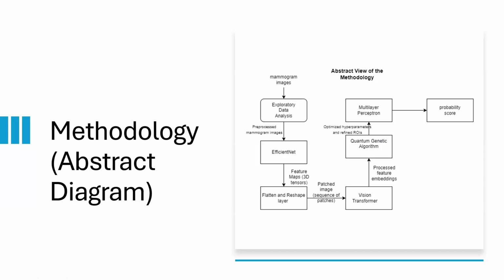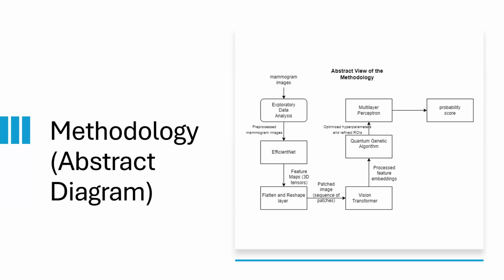The vision transformer processes all this and produces processed feature embeddings, which go through the quantum genetic algorithm so that they are further optimized. The quantum genetic algorithm randomly generates initial hyperparameters and region of interest selections. It then evaluates fitness, using classification performance as the fitness score.